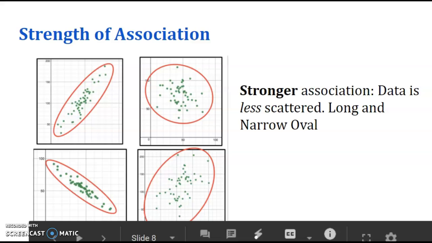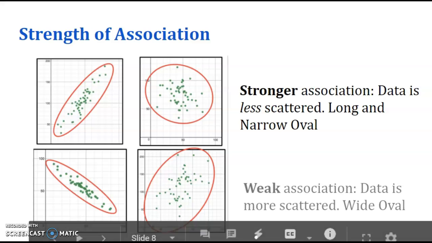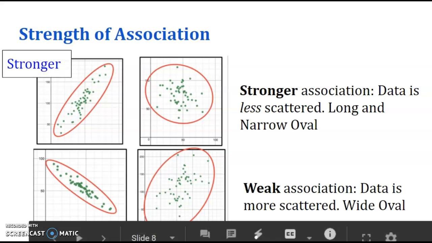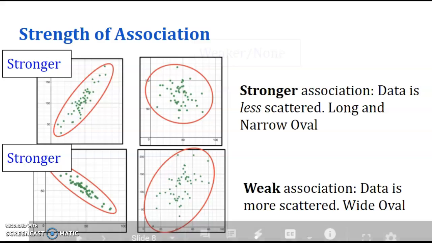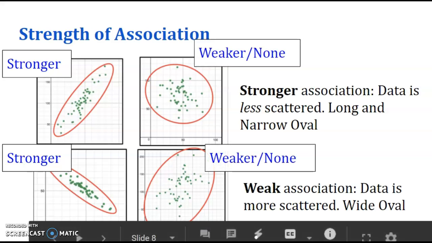So data is less scattered, and a long and narrow oval will be a stronger association, while a weak association has data that is more scattered and a wider oval. All right, so that's strong, stronger, and weak or none, and weaker or none.